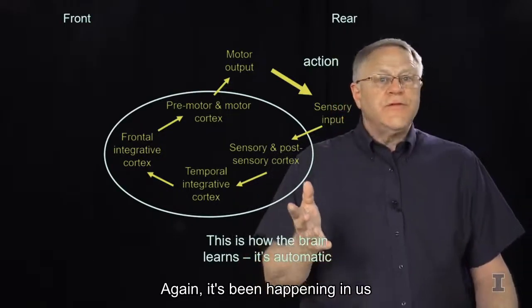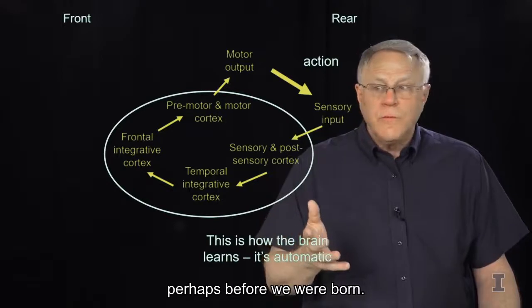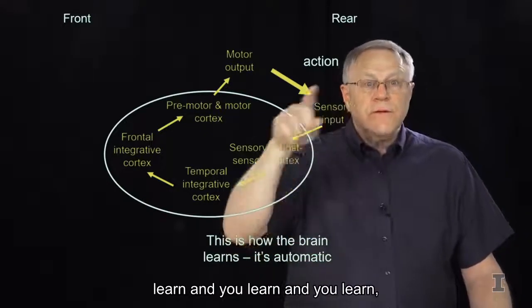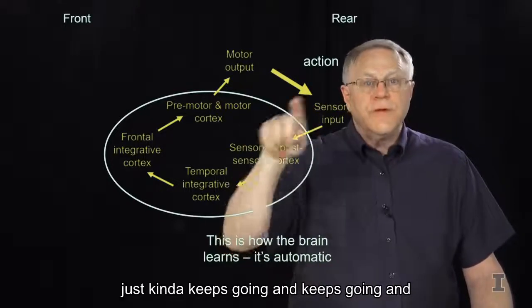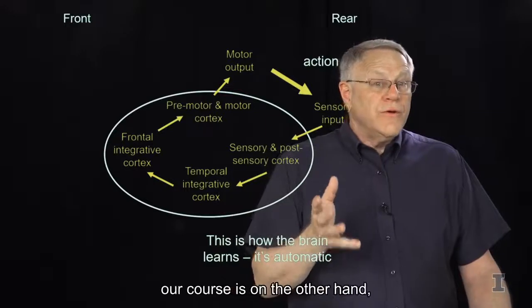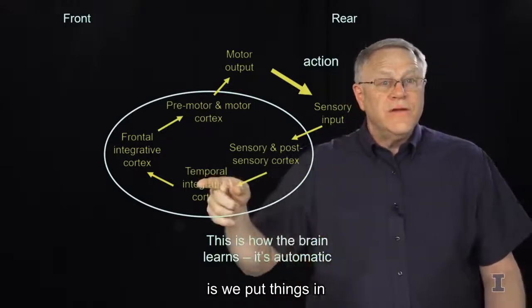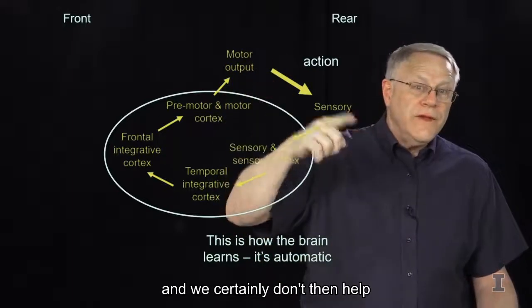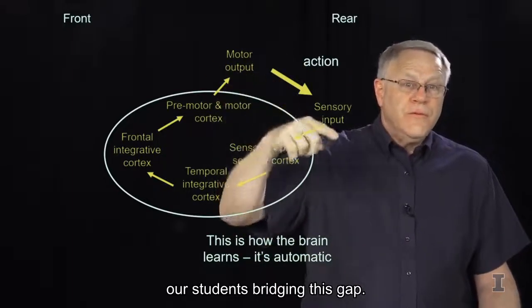Again, it's been happening in us since we were born, perhaps before we were born. You know this. You learn and you learn and you learn, it just keeps going and keeps going. Many times in what we do in our courses, on the other hand, we put things in and we don't ask for the right things to come out. And we certainly don't then help our students bridge this gap.